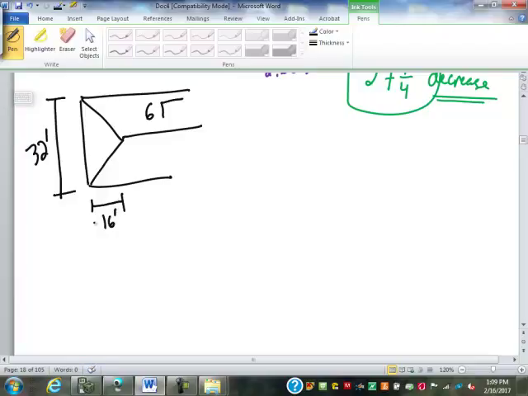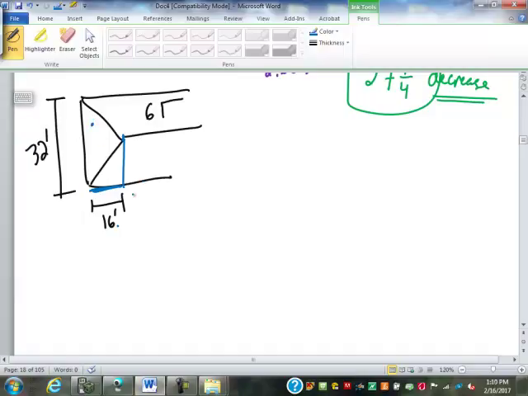What's that tell us? It's not 16 feet high. This is the setback here that's 16 feet. So that's the distance along this wall to where that ridge would be. But this tells us something about the slope of the hip. It's the same.